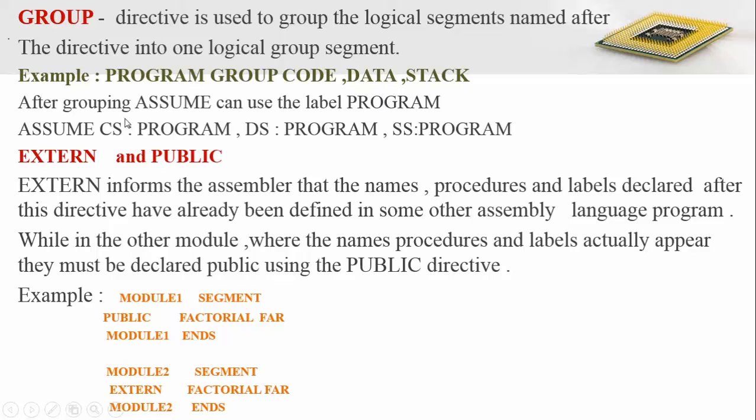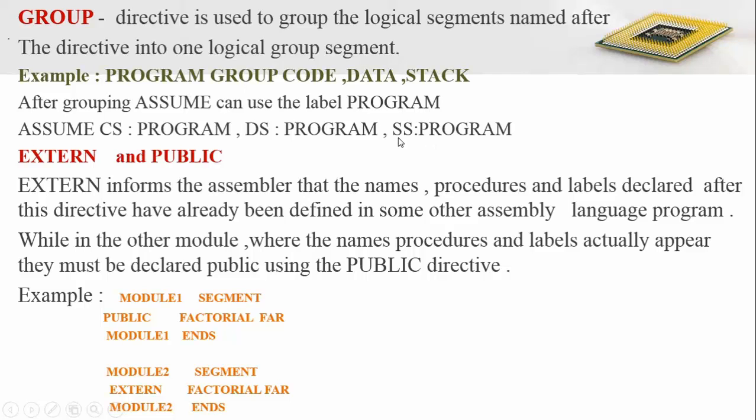So after grouping, the ASSUME directive can use the label program, just like this: ASSUME CS:program, DS:program, SS:program. That means this ASSUME directive makes use of the name of the group. While using this, from this group the CS is automatically assigned the address of the code segment, and the data segment register is automatically assigned the data segment address which is available in this group program.